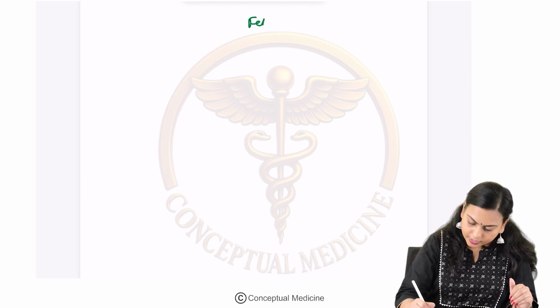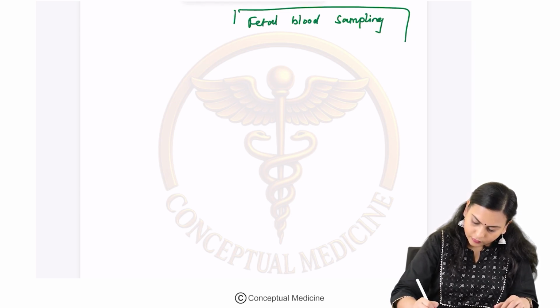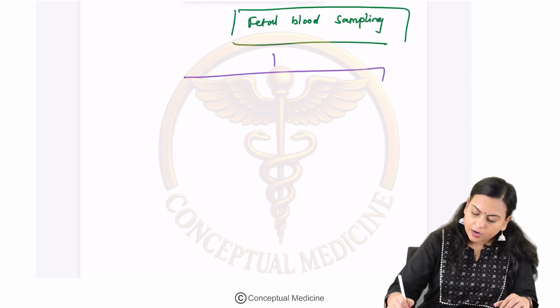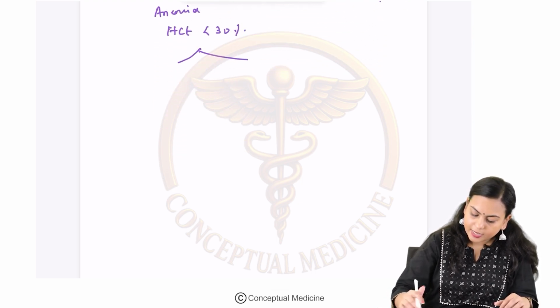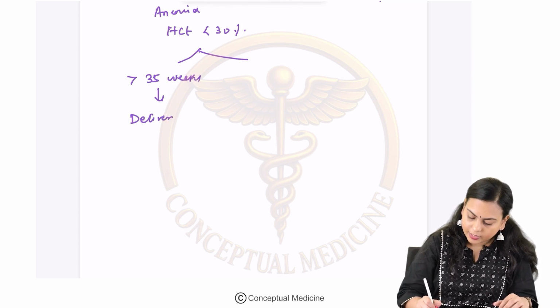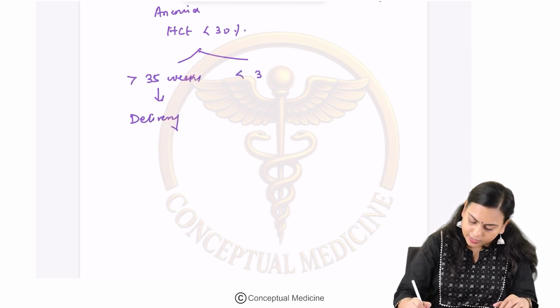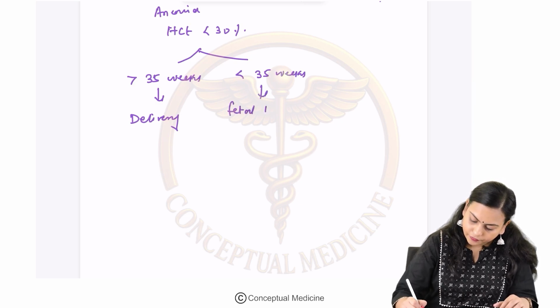And when you do fetal blood sampling, when the anemia is severe, that is the fetal hematocrit is less than 30%, you have to see whether the pregnancy has crossed more than 35 weeks. If it has crossed 35 weeks, you can immediately plan delivery. If it is less than 35 weeks, you can plan fetal transfusion.